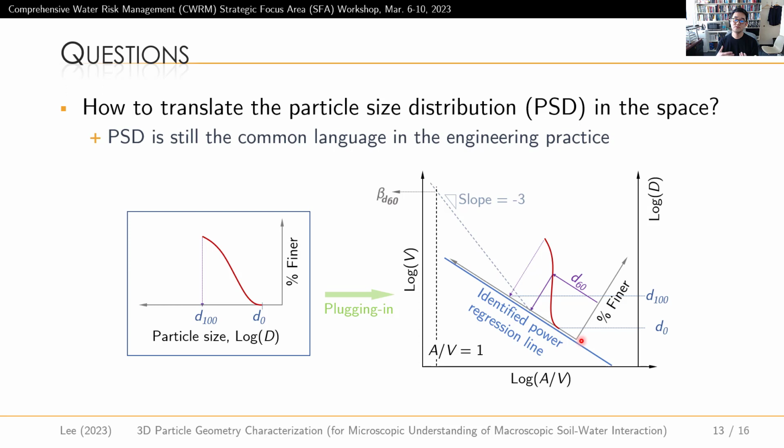If you want to evaluate the shape angularity, you can do it like this. For example, for D60, you can identify the point here, and then draw a line with a slope of -3. The intercept will represent the shape angularity of D60. Okay, something like this.